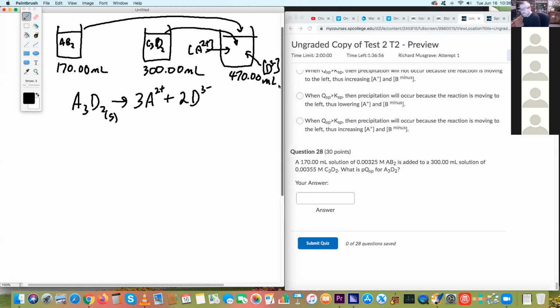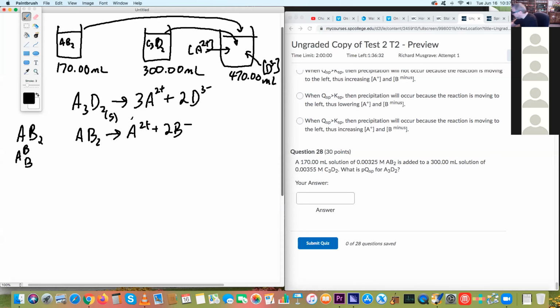Let's focus first of all on the A. We've got the AB2 solution. Now AB2 will split into A2 plus and 2 B minus. So if you drew a picture of it, it would look like that, ABB.